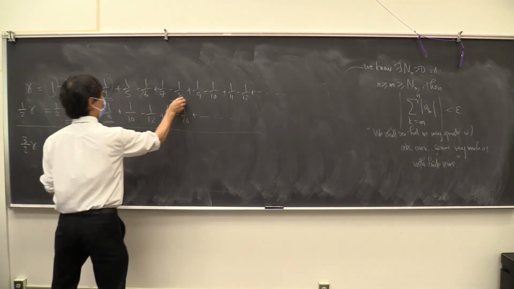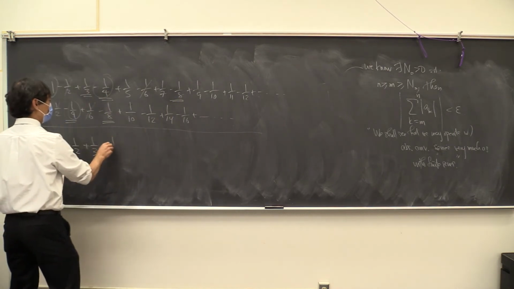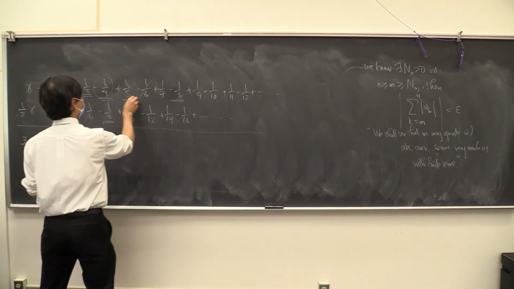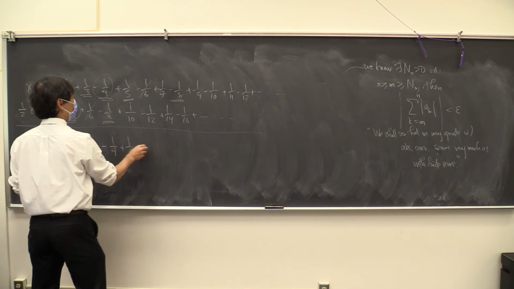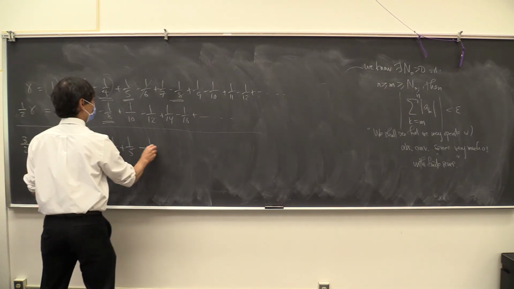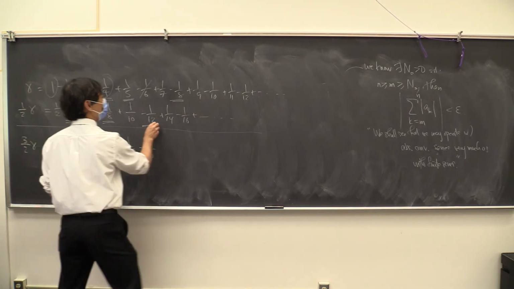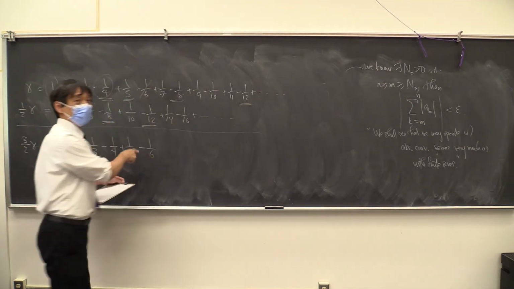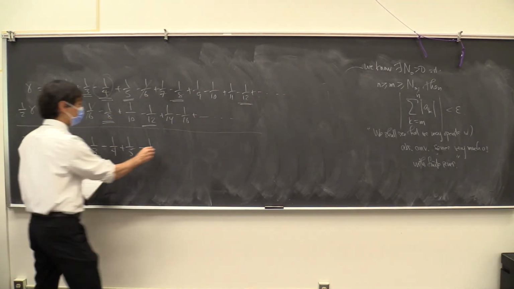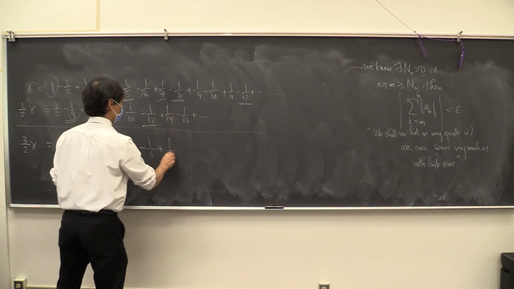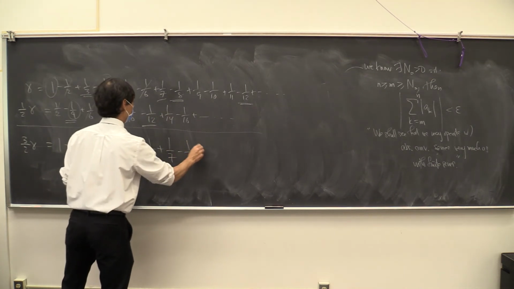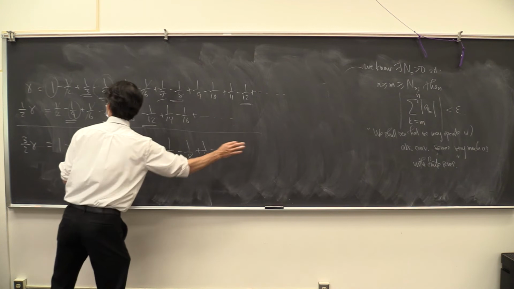I've got minus an eighth and minus an eighth, so I get minus a fourth. I also have this fifth here, so I get 1/5, and so on and so forth. I've got a minus a 12th and another minus a 12th, that gives me minus a 6th. I've got plus a 7th, minus an 8th, plus a 9th, etc.